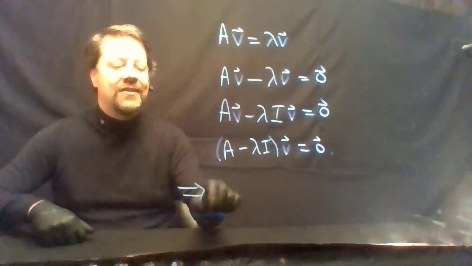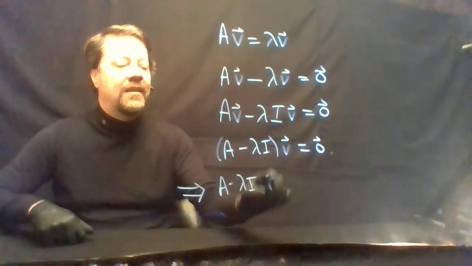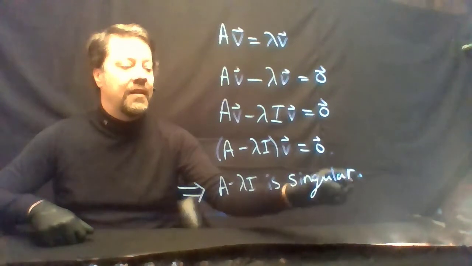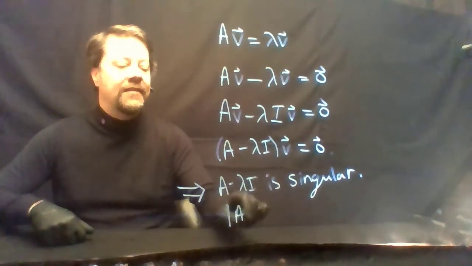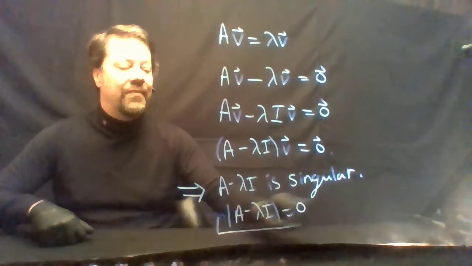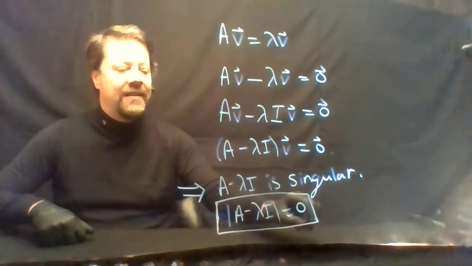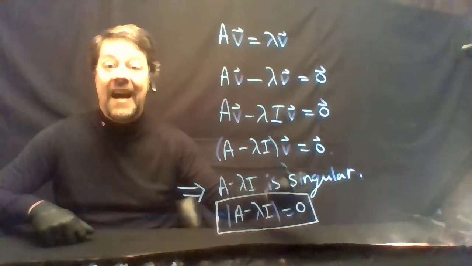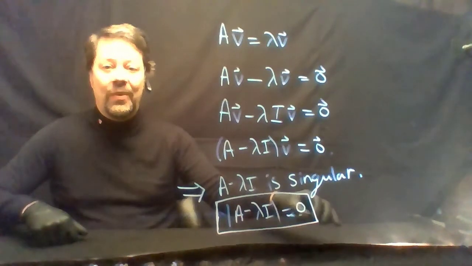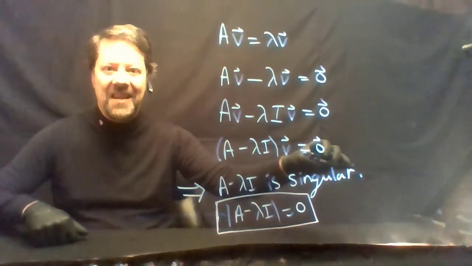That implies that the matrix A minus lambda I is singular, or the determinant of A minus lambda I is 0. In fact, it is exactly this equation that will permit us to find the eigenvalues. Once we know what the eigenvalues are, we'll go back here and find the eigenvectors.